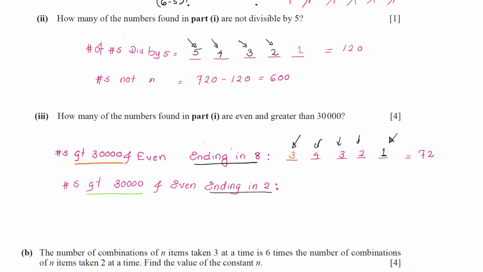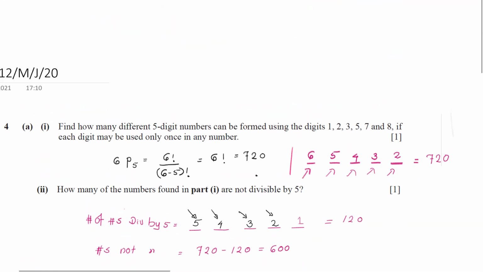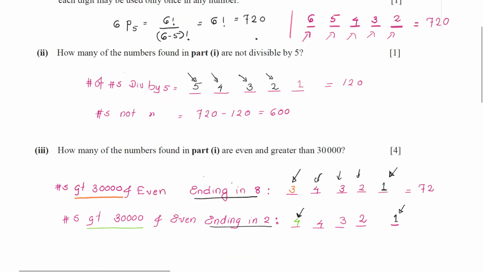The last position can be filled by only that 2. So there is one way to fill the last position. Immediately after that, we should go fill the first position. It can be filled this time by 8, 7, 5 and 3.